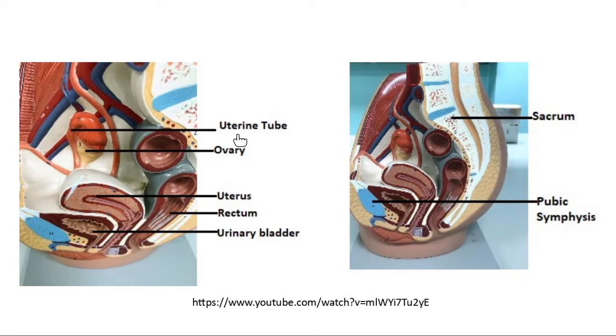And each and everything you have to write. What are the parts of the fallopian tube? What is the fallopian tube? And what are the parts of the uterus? When you finish these classes, you will remember the things. For everything, the first question will be the identification, and the second question will be from the lecture part regarding the concerned structure. Okay.